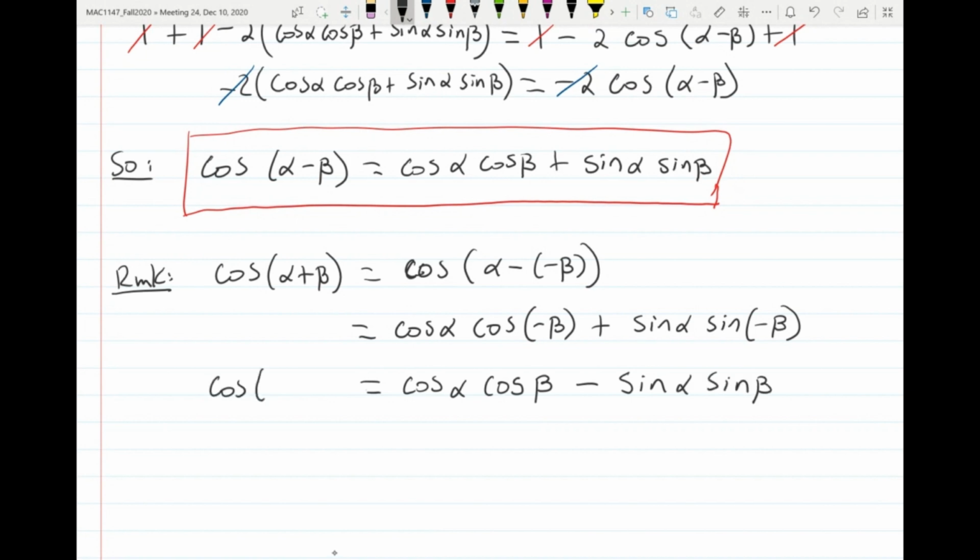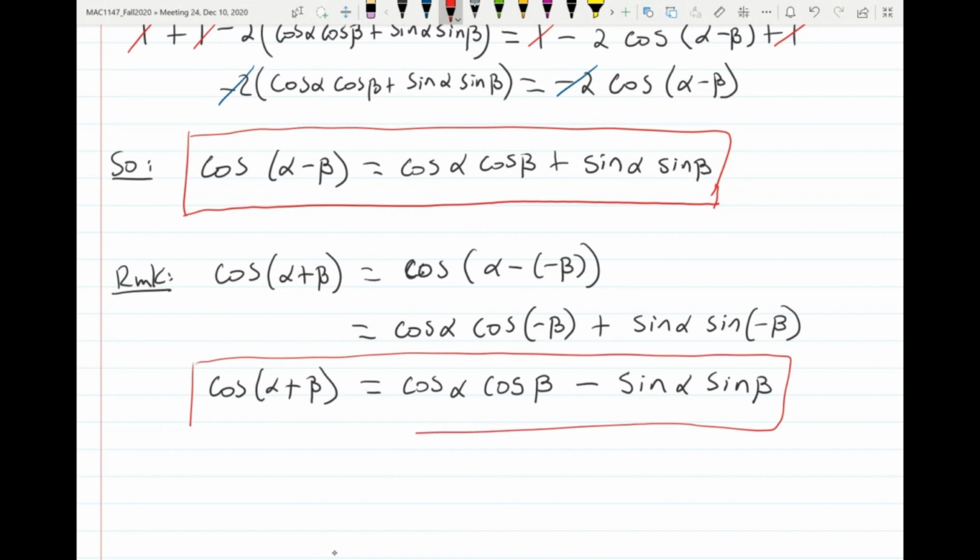And then we get our formula for cosine of alpha plus beta. So cosine of alpha plus beta is the same as before. It's just that instead of a plus, we have a minus in the formula. Cos cos minus sine sine. Okay, questions about the sum formulas for cosine?